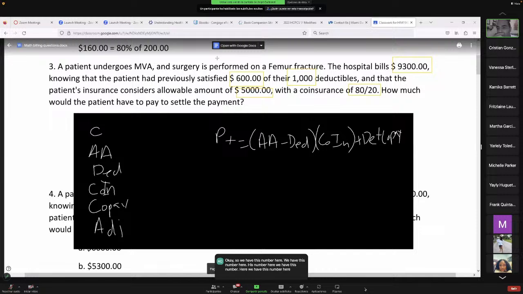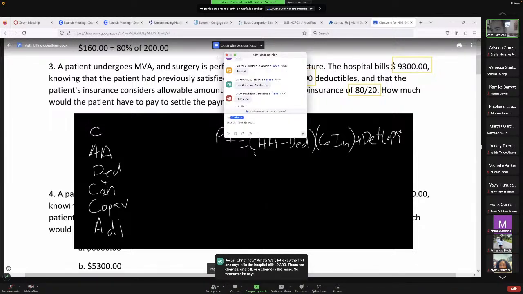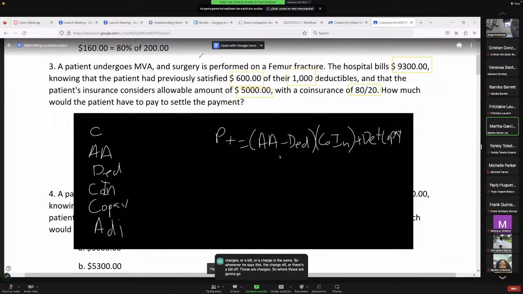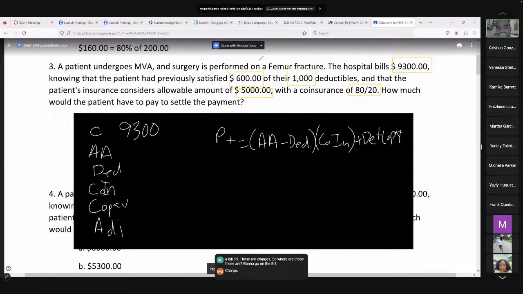Now what? Well, the first one says the hospital bills, 9,300. A bill or a charge is the same. So whenever it says there's a charge of or there's a bill of, those are charges, and they go on the Charge line: 9,300. We already used that number, so I forget about it. Now I go to the second number.